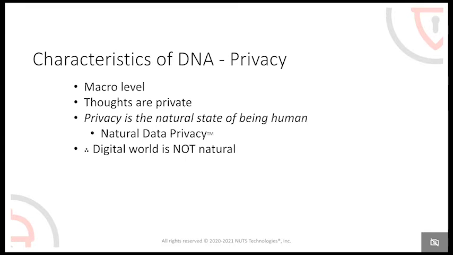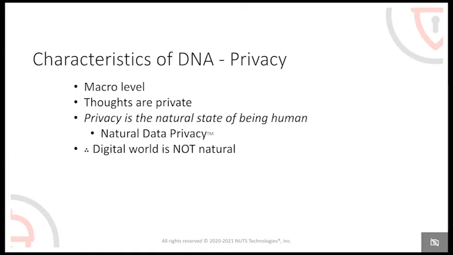And DNA, from a privacy point of view, is that at a macro level, your thoughts are private. And why is that? We figured that privacy seems to be the natural state of being human. And we coined the term natural data privacy.